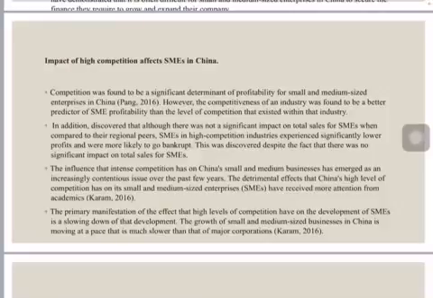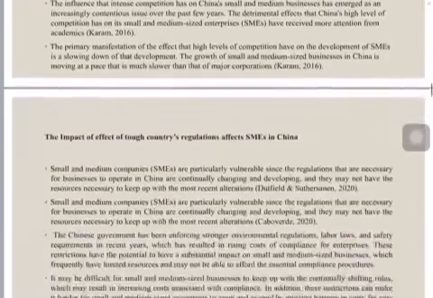The influence that intense competition has on China's small and medium businesses has emerged as an increasingly contentious issue over the past few years. The primary effect of high levels of competition on the development of SMEs is a slowing down of the development.